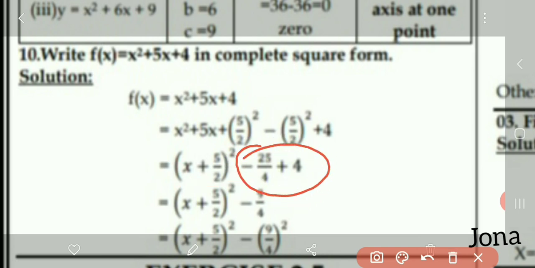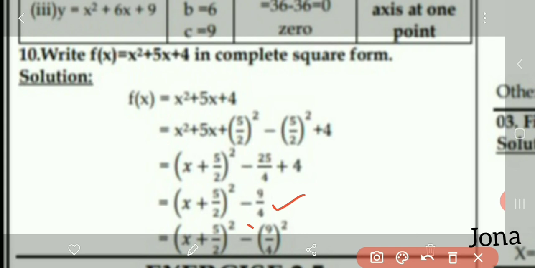Okay. So 25 by 4 plus 4 minus 25, cross multiply there, plus 16 divided by 4. So minus 25 plus 16 is 9, isn't it? So minus 9 is there, so that we got minus 9 by 4 here.